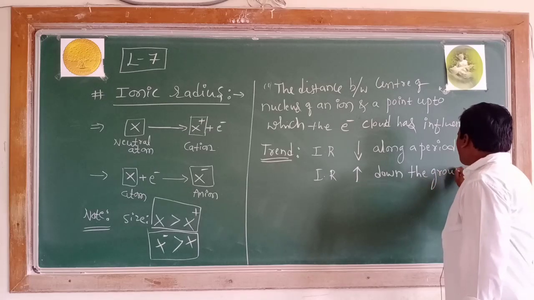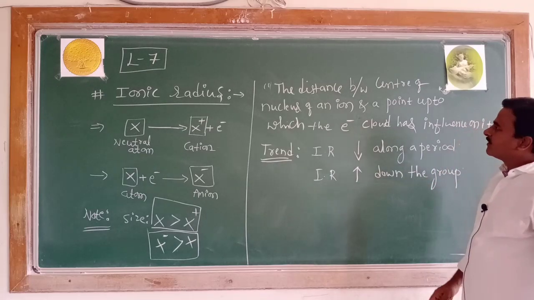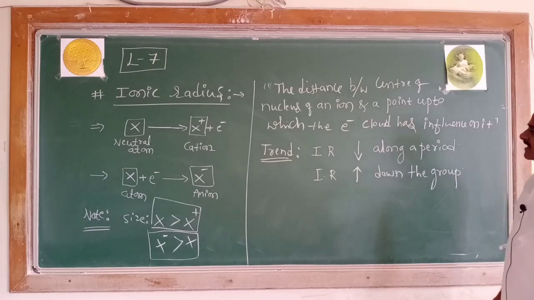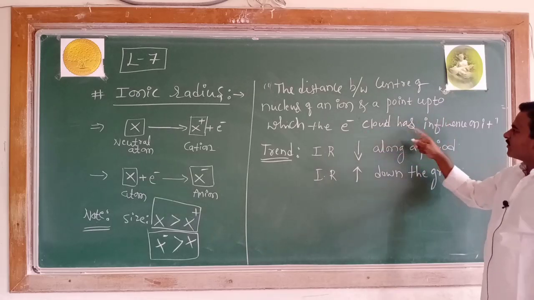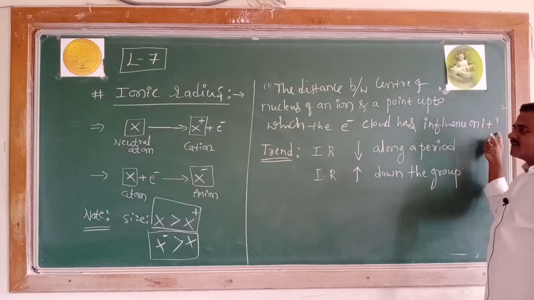This trend one must remember. What is this ionic radius? The distance between the center of nucleus of an ion and a point up to which the electron cloud has influence on it.